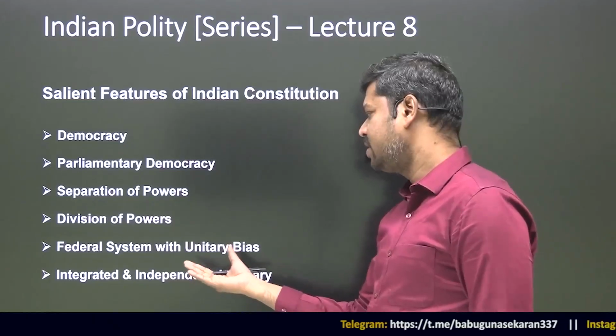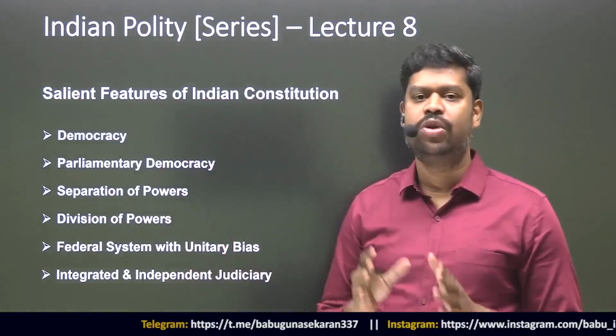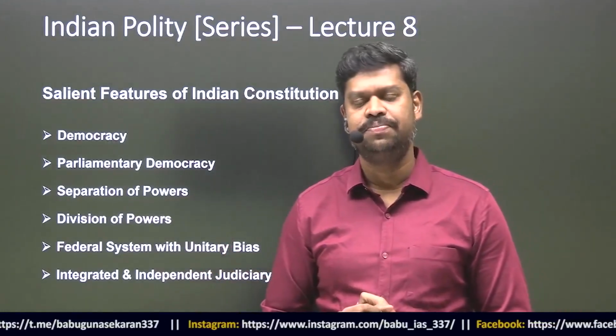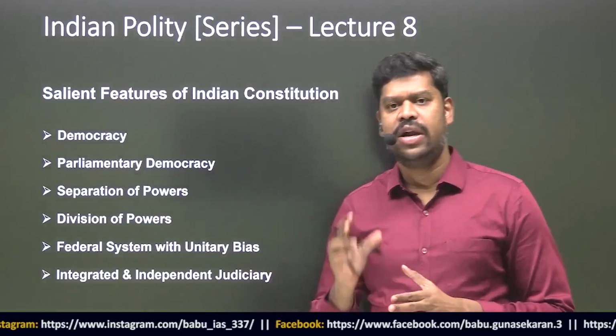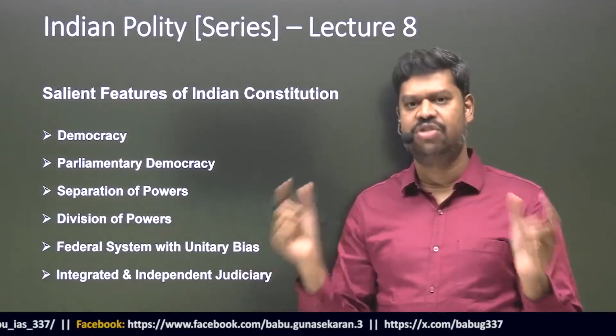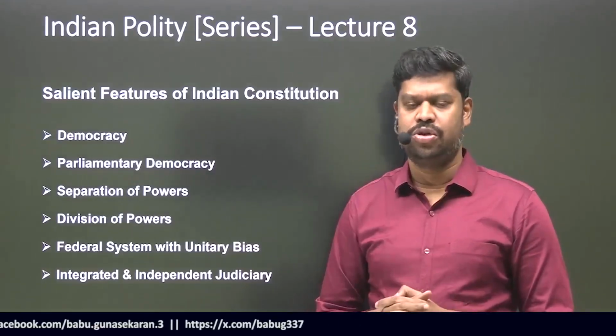And then the next salient feature is federal system with unitary bias. So what do you understand by federal system with unitary bias? When I say federal system with unitary bias, we already understood that any constitution which provides for division of powers can be considered a federal constitution, no doubt.